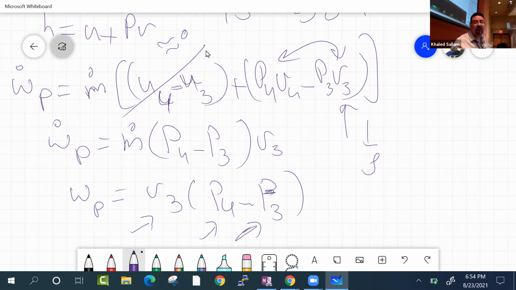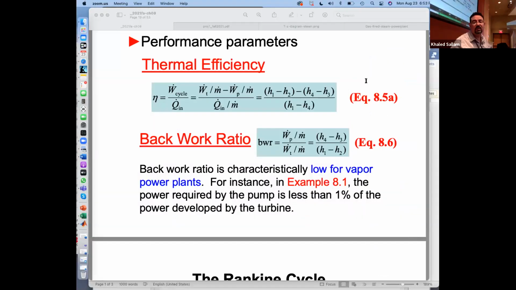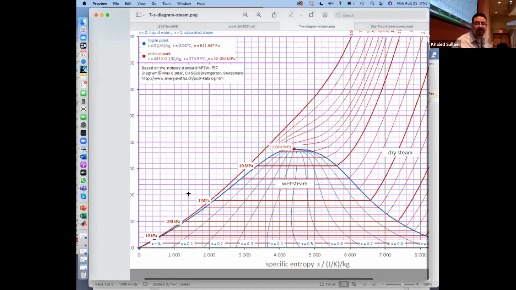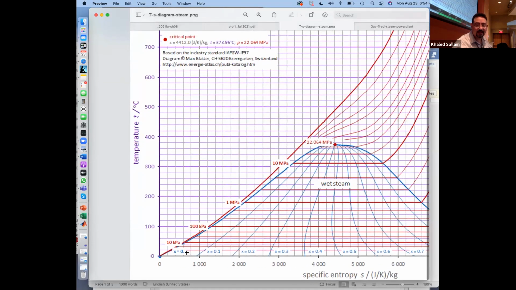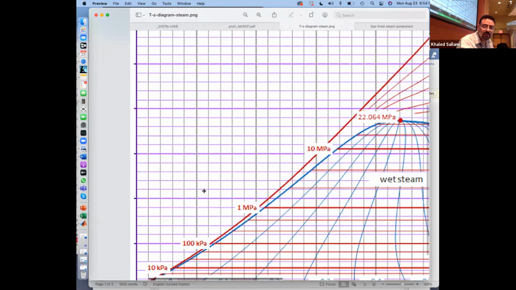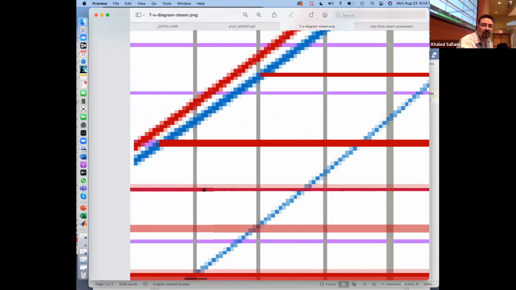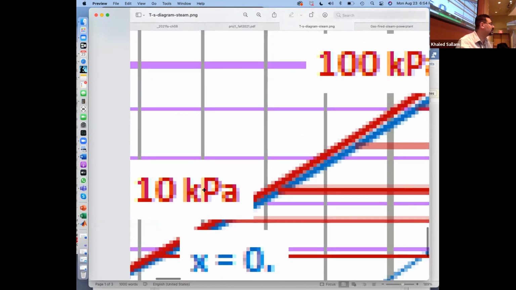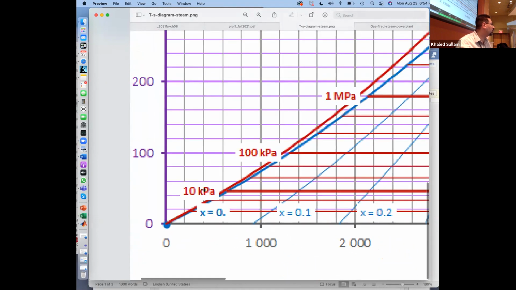Right? And why is all this true? Because look at the lines. Where are those lines? The 10 and the 100 and the 1 and the 10, they are all on top of each other in that place. I mean, we really have to zoom and zoom until we can see them. We don't have enough pixels to show you how those lines are.